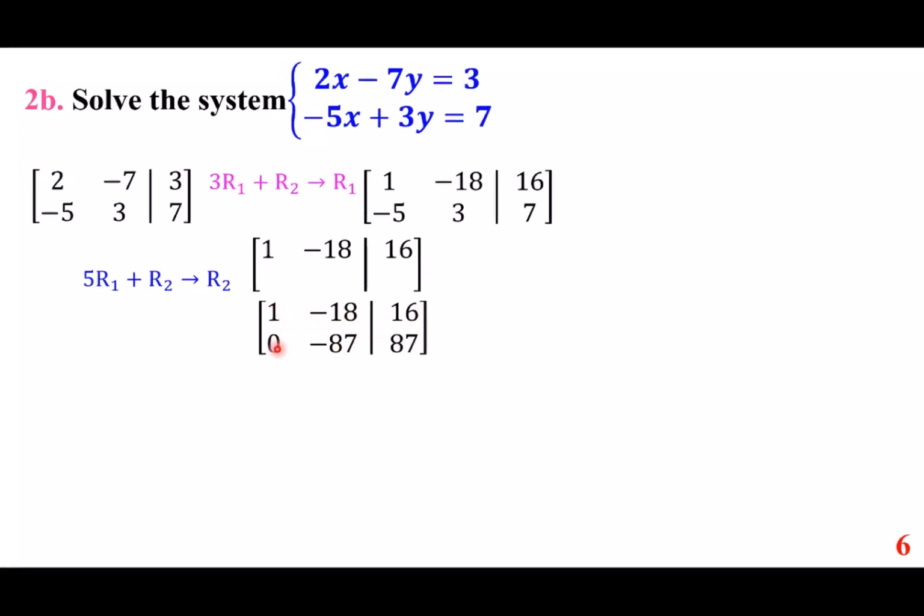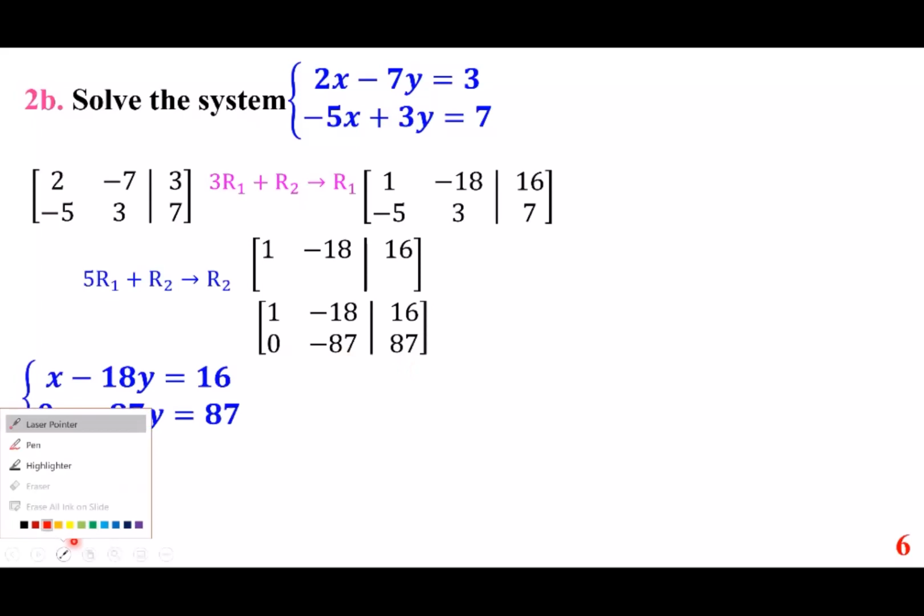That means 0 times x is gone, -87y equals 87. I'm going to write this for you because I want you to understand the meaning of it. But all I have to do is say 1 over -87 row 2 goes to row 2.